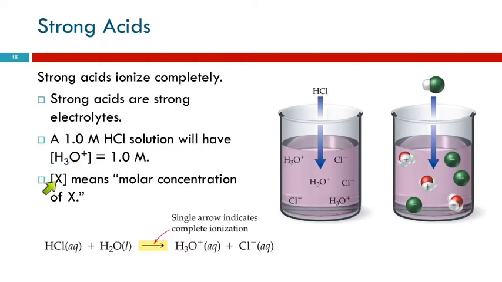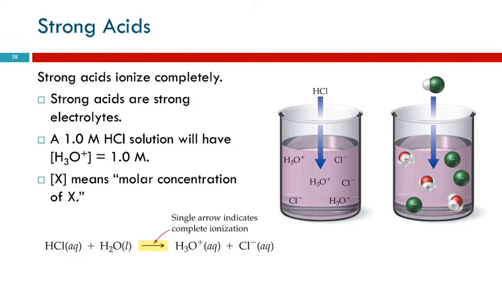And when we put the brackets around a chemical formula, it means the molar concentration of whatever that is. So this means the concentration in moles per liter of hydronium ions. When we put HCl in water, the HCl acts as the acid, the water acts as the base.